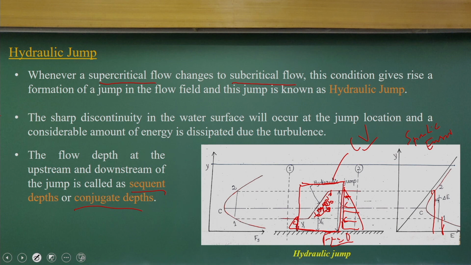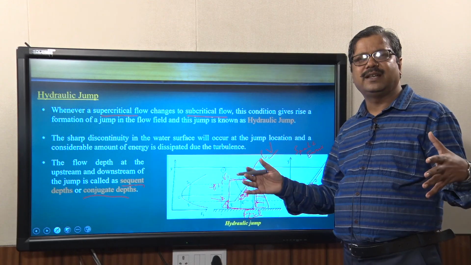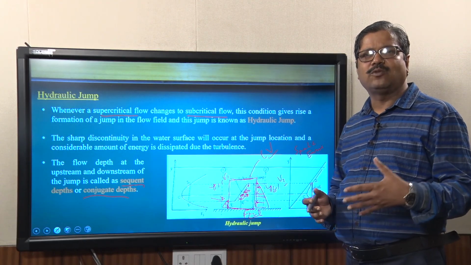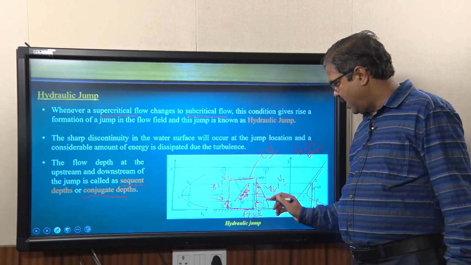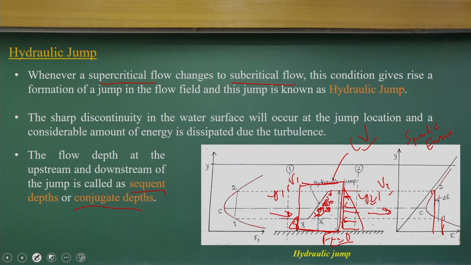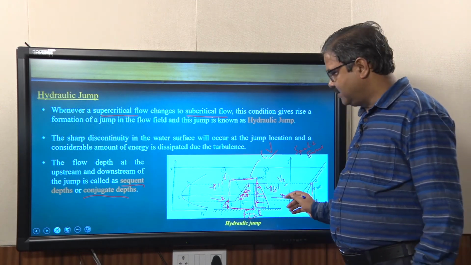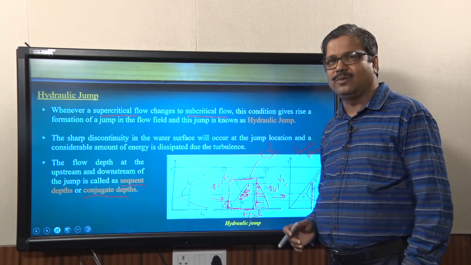So, I know the pressure distribution, and I know the momentum flux, y1 v1 and y2 v2. I know the velocity and the depth, and if I consider unit width, I can find out the change of momentum flux in this direction. That should be equal to the net force acting along the x direction on this control volume.